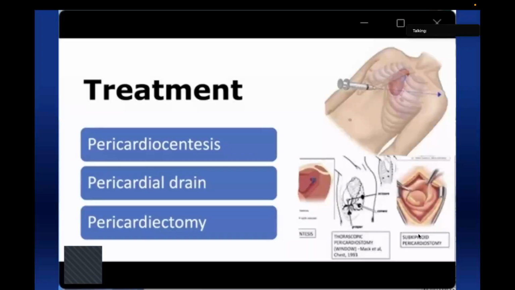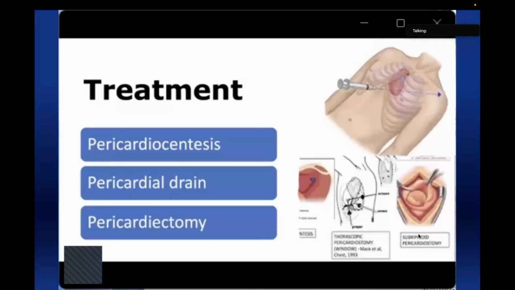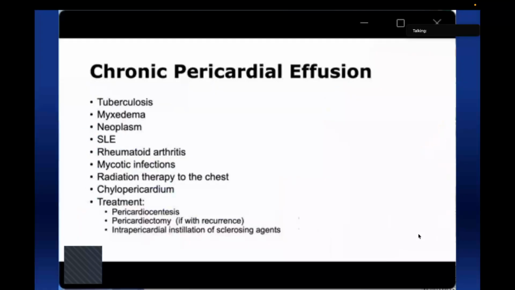For example, if you have an active TB pericarditis, or if you're dealing with cancer that spreads in the heart, you might want to deal with a longer or more permanent treatment, like putting up a pericardial drain and/or pericardiectomy.